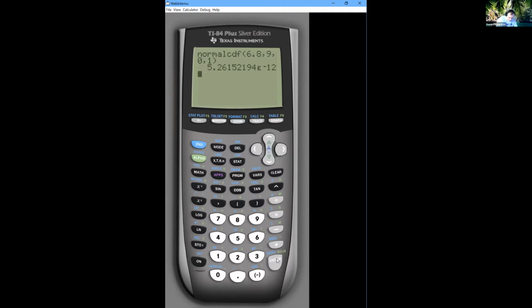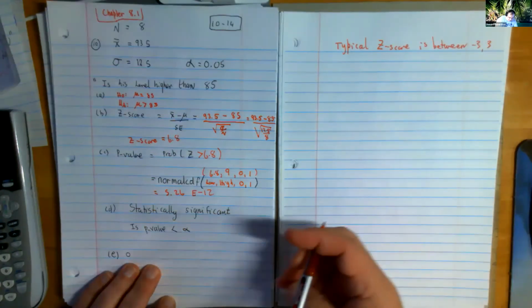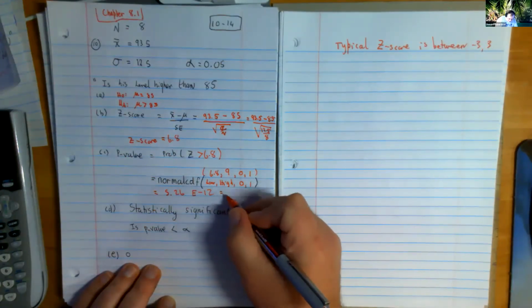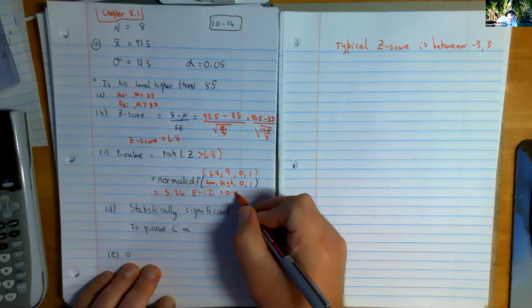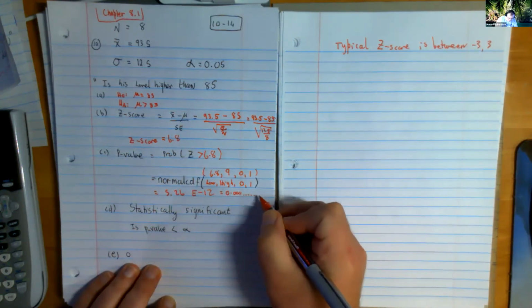Now that is 5.26 e to the negative 12. So let me return and show you that. As a decimal, that is 0.123, a whole load of zeros.